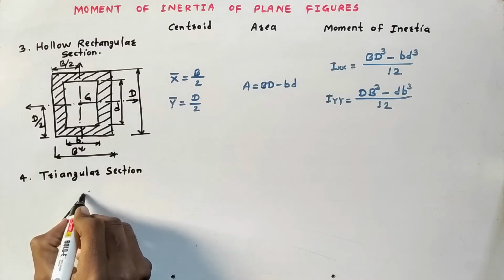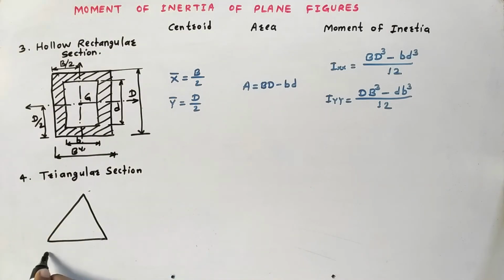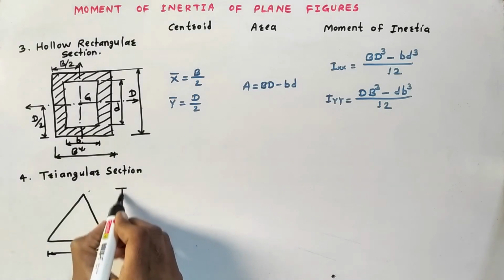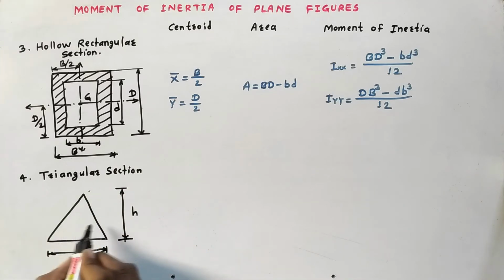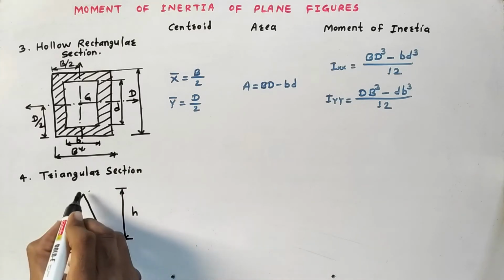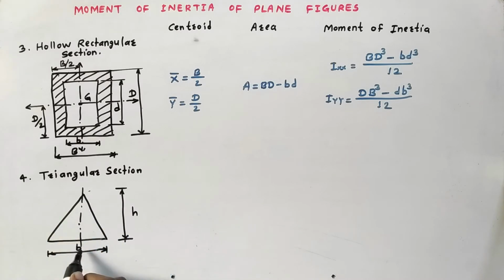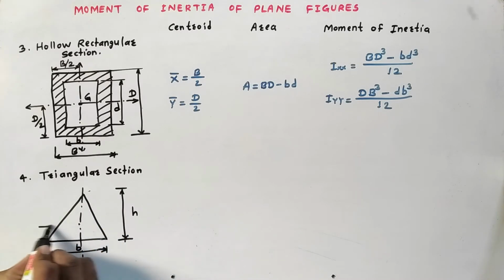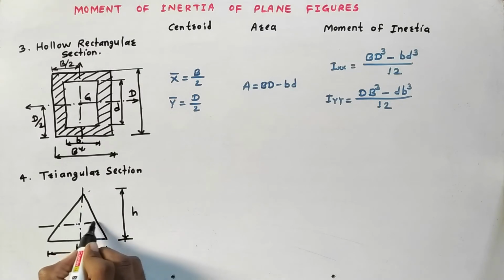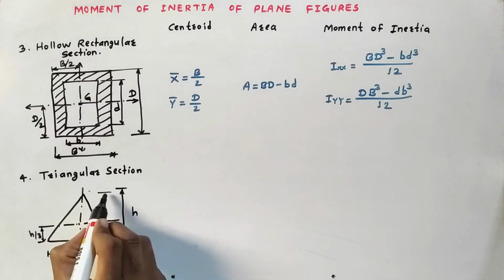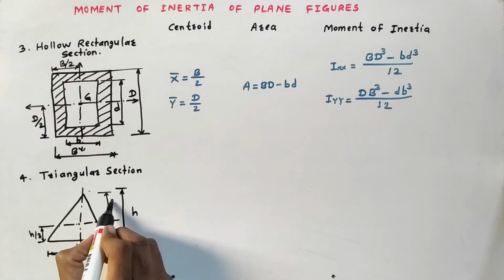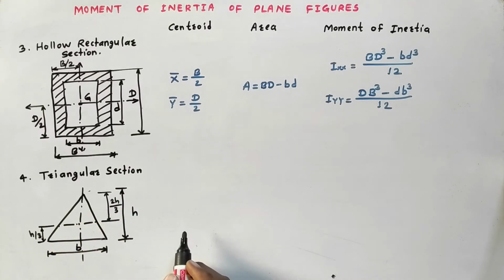This is a triangular section having base B and height H. We know the centroid of a triangle is at H by 3 from the base and 2H by 3 from the apex or vertex.